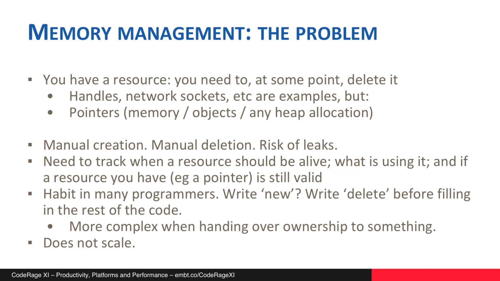And they become more complex when dealing with issues of ownership, of what owns a pointer, and they do not scale. And this, I think, is where it becomes really, really important. Ultimately, these are fundamental issues that can lead to problems in your code and that you have to get right. And manually doing this just isn't reliable.